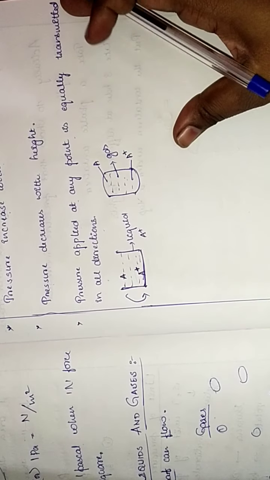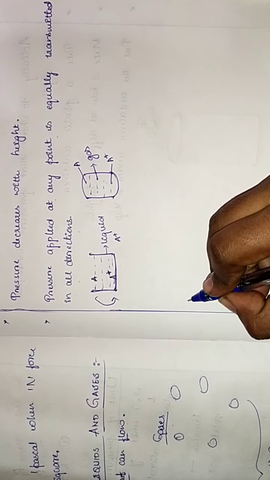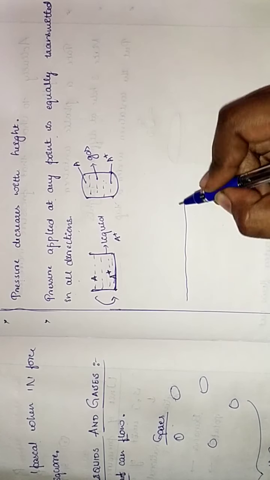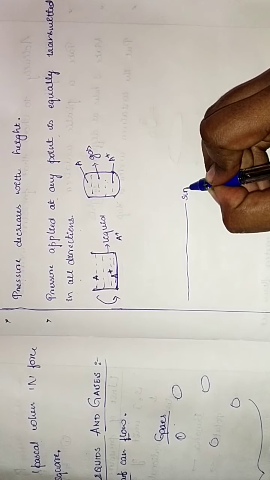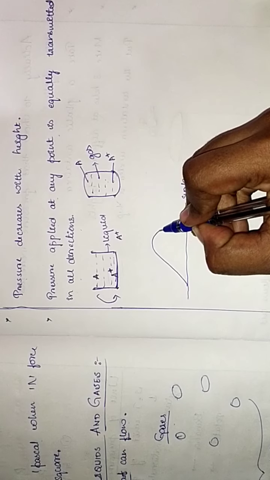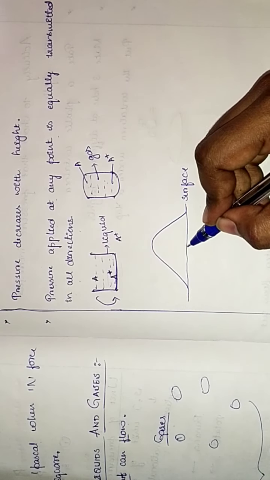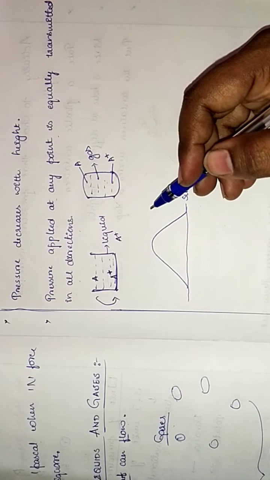Now let us take the second property, that is, pressure decreases with height. What happens when it decreases with height? We'll take this as the surface, and let's take this as a mountain. Pressure decreases with height.